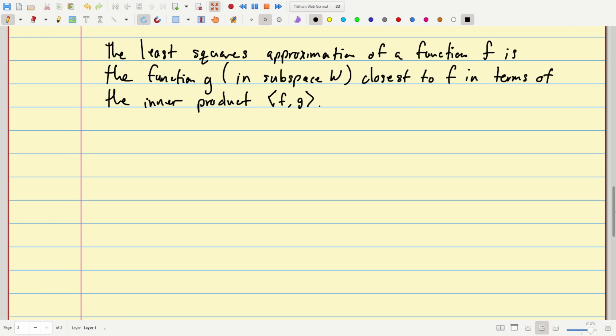Now, we can use inner products to define a notion of angles. If these vectors are orthogonal to one another, that is, the angle between them is pi over 2, then there is no element of f in the direction of g, so the projection is 0.